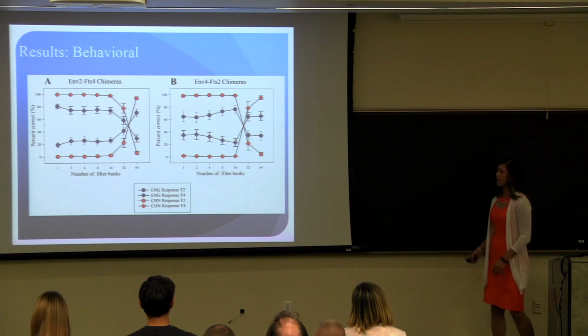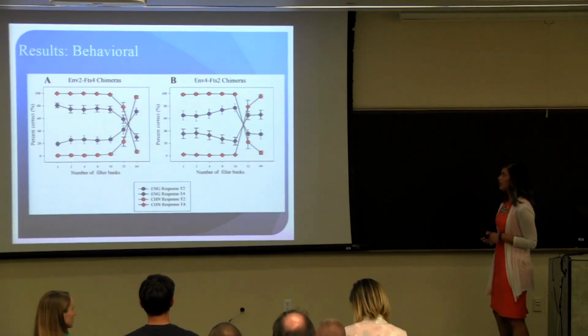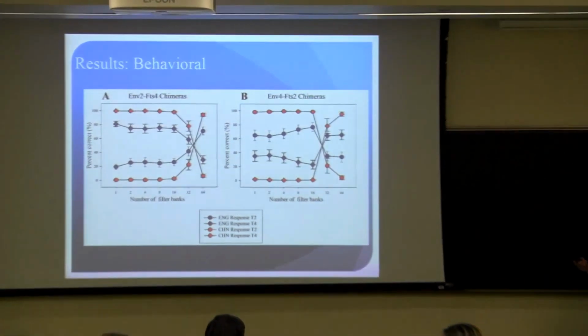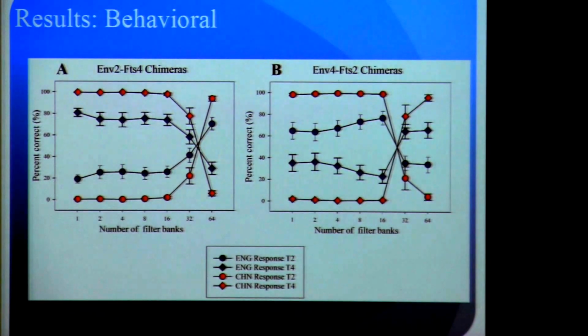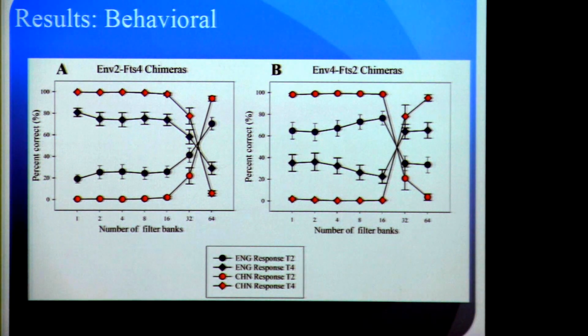Okay, so we'll begin with our behavioral data. Here I have plotted both sets of chimeric stimuli, envelope 2 fine structure 4 on the left, and envelope 4 fine structure 2 on the right. As you can see, there is a similar trend between the American and the Chinese participants that follow those fine structure cues up until about 16 filter banks, in which the response begins to degrade.